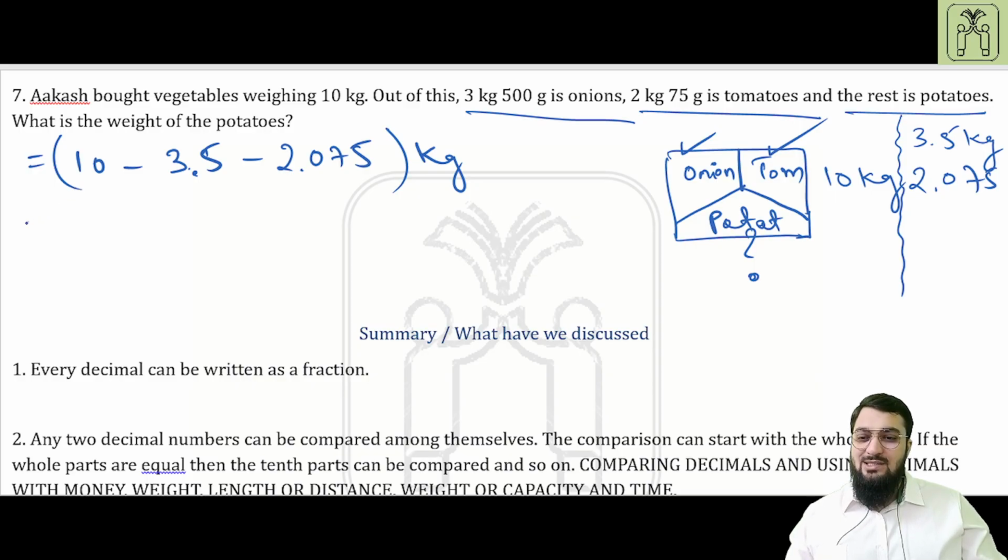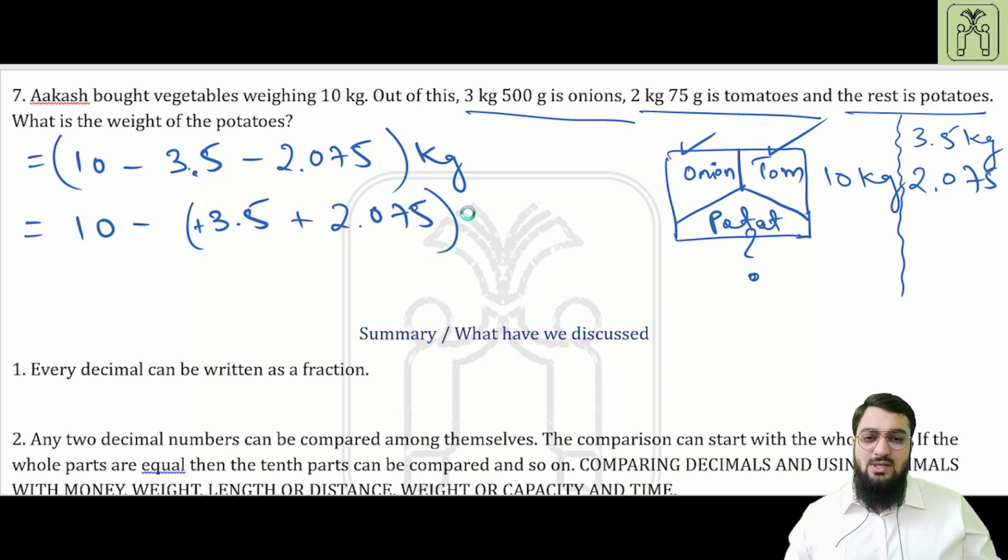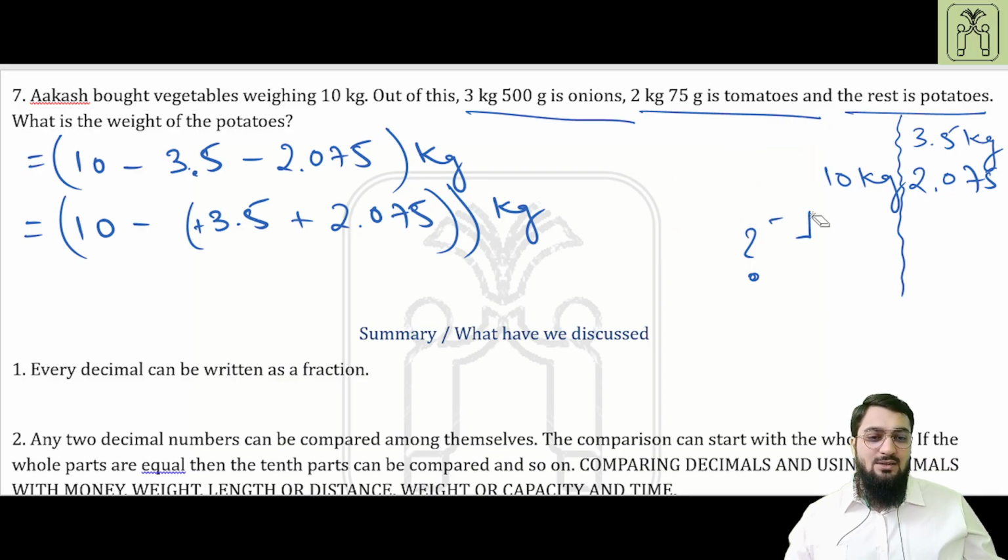After that, what you can see is that we can take this particular minus inside a bracket also. So that will be 10 minus, 3.5 with a plus and 2.075 is also with a plus, and bracket closed, again because there are two brackets now, and then kilogram. Now what we will do is that we will just add 3.5 with 2.075. So we will add that and we will get something.